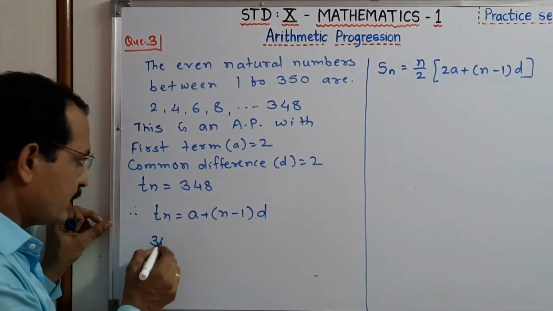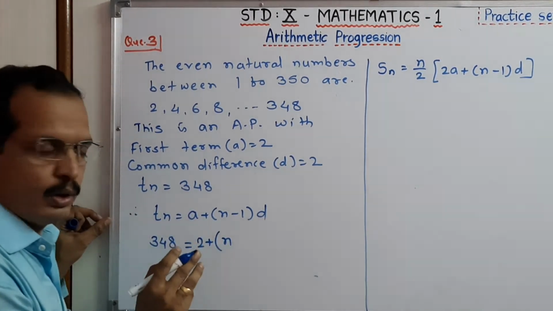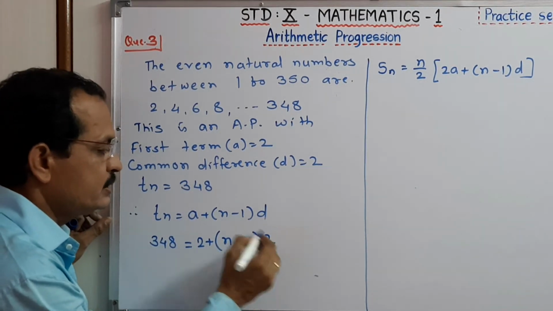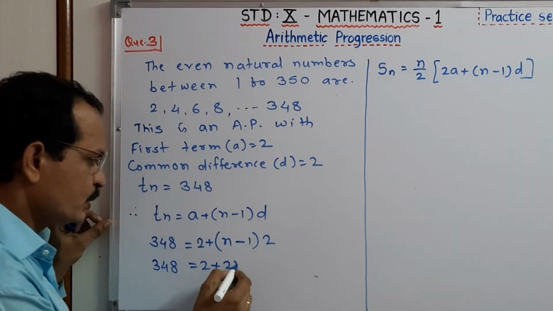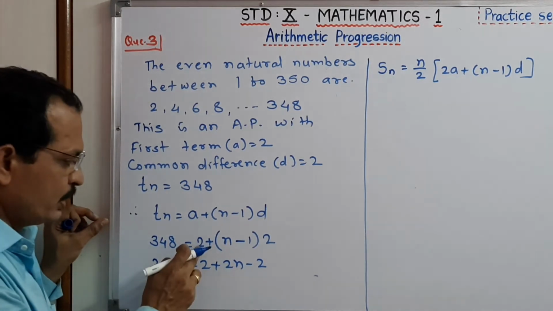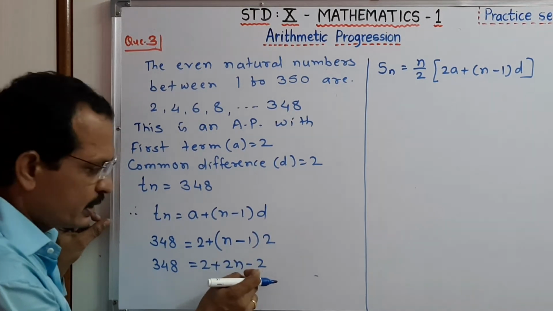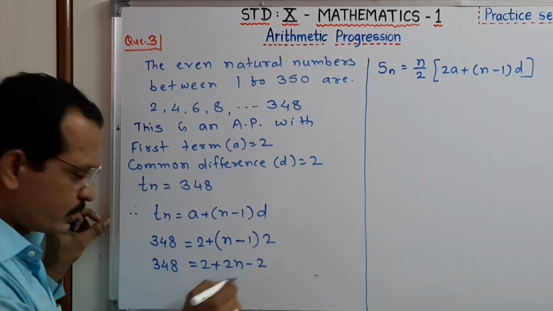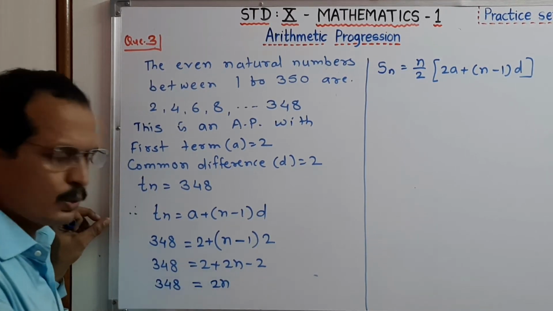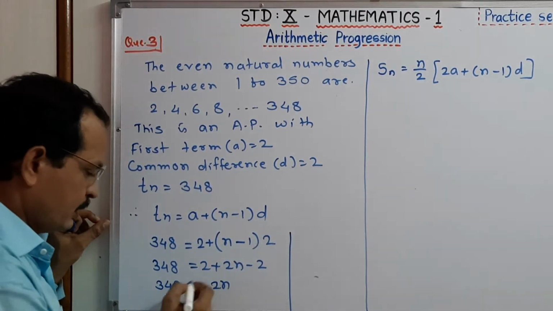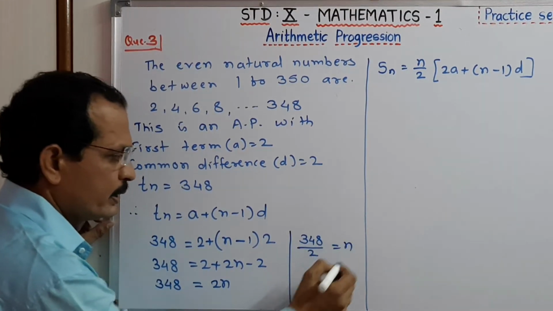Now Tn is 348, which is equal to first term 2, plus n minus 1 into d, and d is also 2. Now 348 is equal to 2 plus 2n minus 2. This 2 as it is, this 2 multiplied with n is 2n, this 2 multiplied with minus 1 is minus 2. The plus 2 and minus 2 get cancelled. 348 is equal to 2n. Now 348 divided by 2 is equal to n.